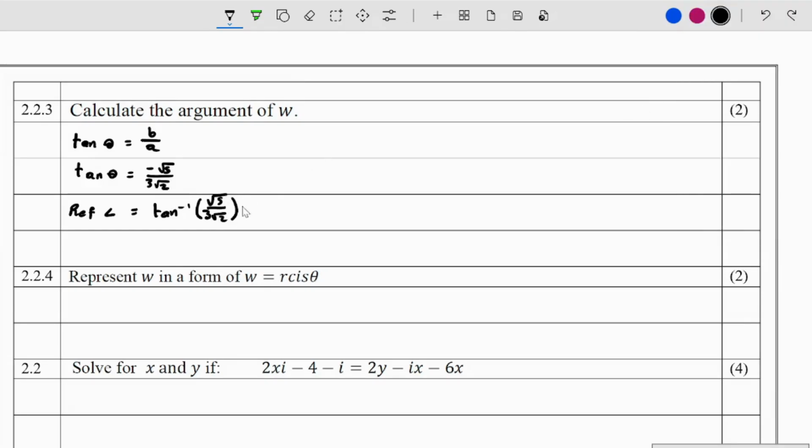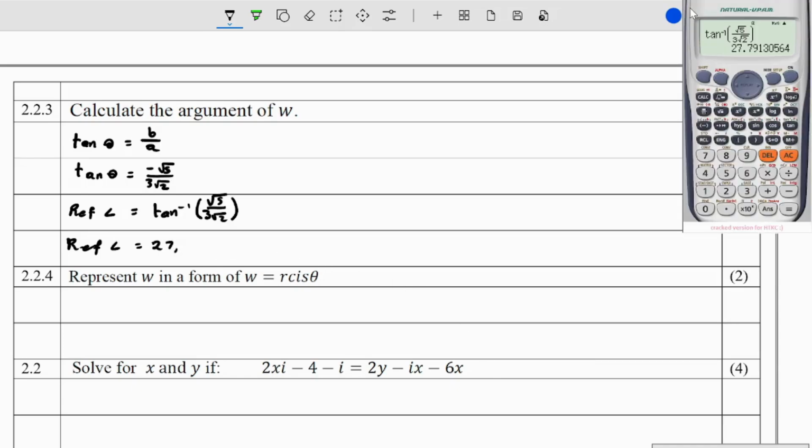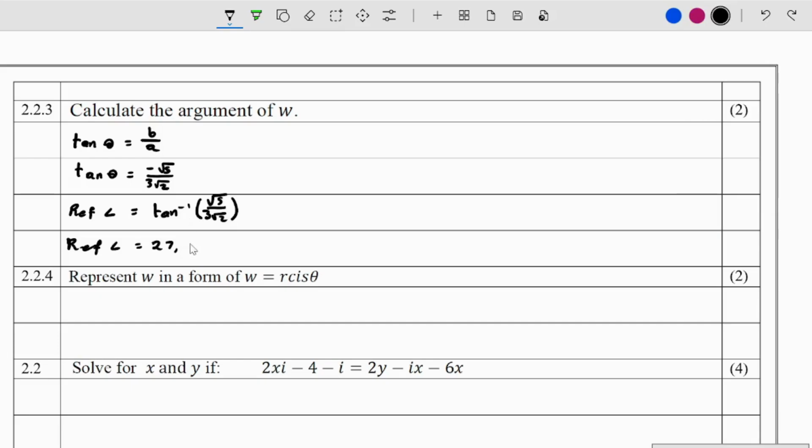So that means our reference angle here is going to be 27,79. Yes, that is correct. 79 degrees. Now this is not my final answer. It's a reference angle. So if you remember, our Argand diagram was in the fourth quadrant. So that means theta is equal to 360 degrees minus 27,79 degrees.